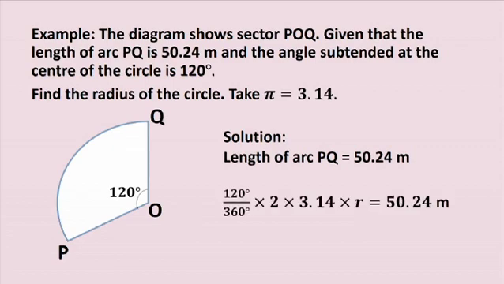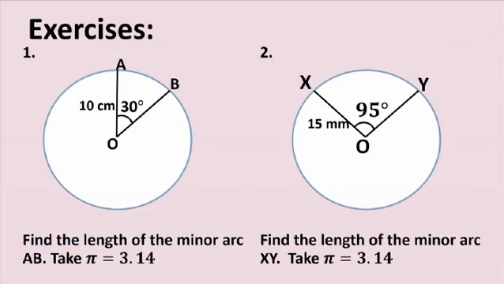So length of arc will be 120 over 360 degrees times 2 times 3.14 times r, which is equal to 50.24. Simplifying, I'll get r equal to 24 meters. So you have a few questions on length of arc for you to practice.